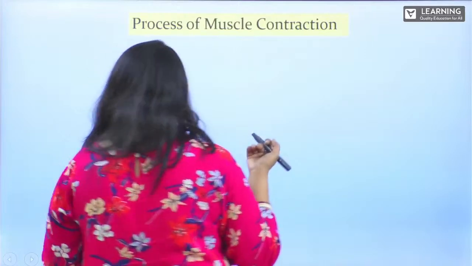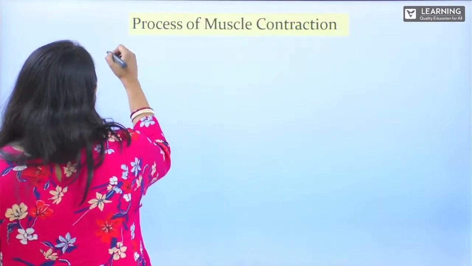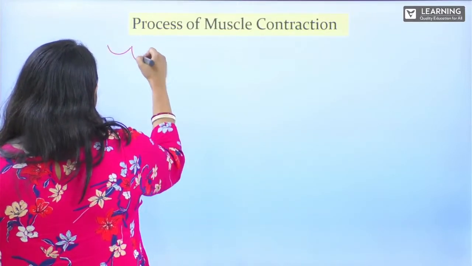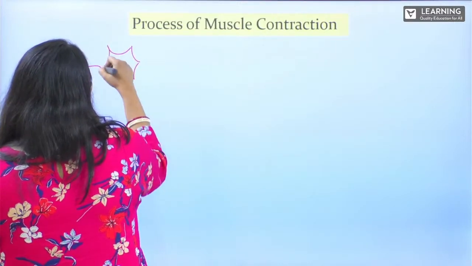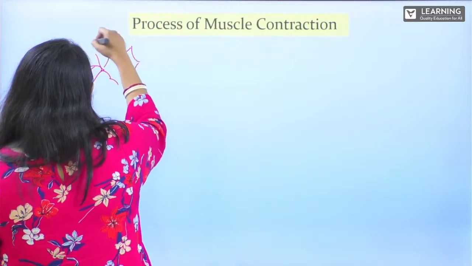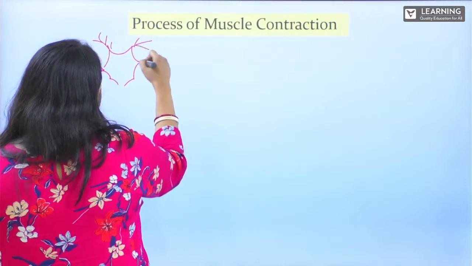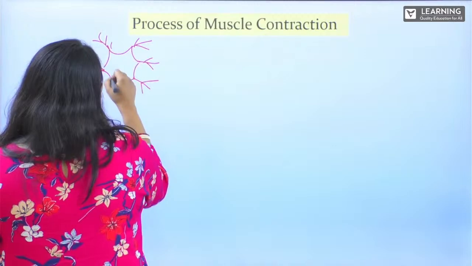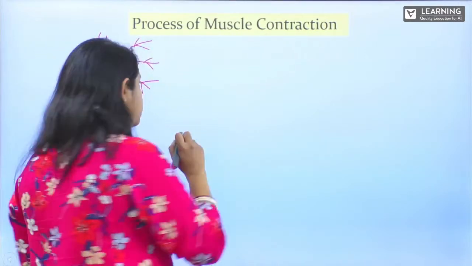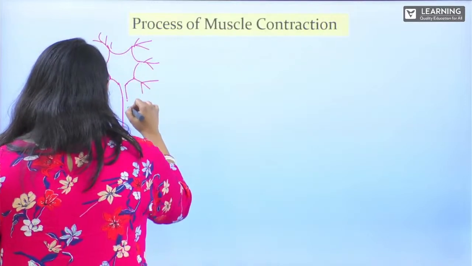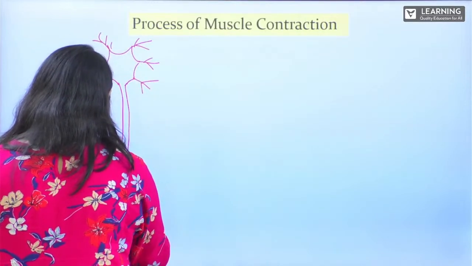Let me draw here a nerve cell. You have studied this nerve or neuron diagram from the lower classes, right? You studied the diagram of the neuron in your 9th standard also. So it is like this, right?